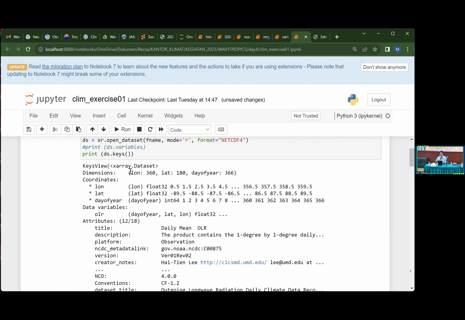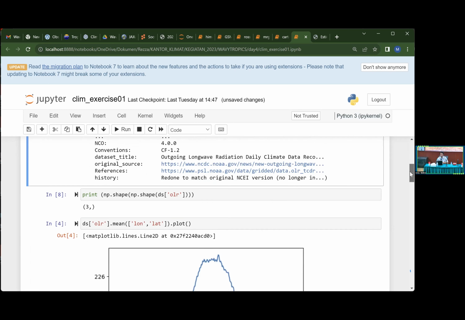There are three variables: the longitude, latitude, and also day of year, because this is the climatology. So this is 360 by 6.